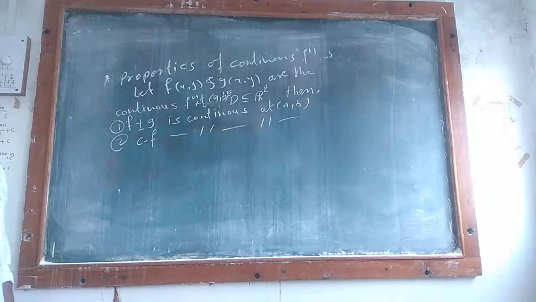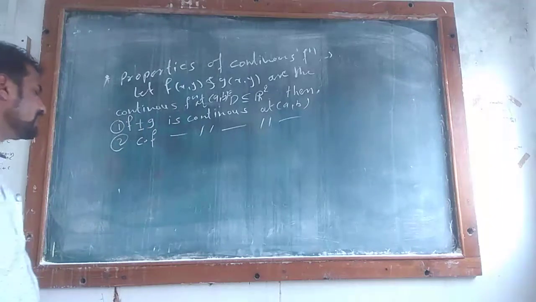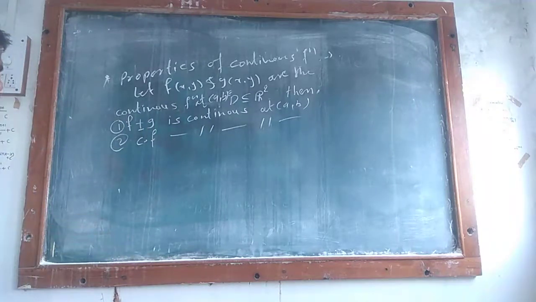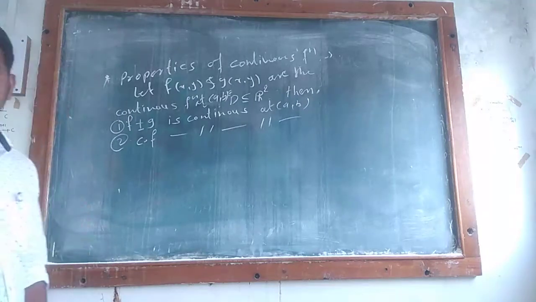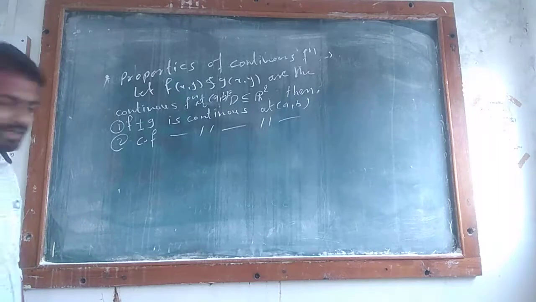That is, the addition of two continuous functions is continuous, and scalar multiplication of a continuous function is again continuous.